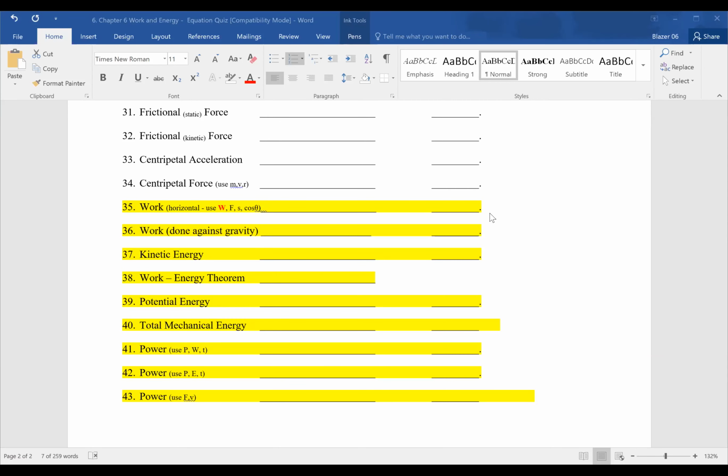You said you sent this equation quiz with the notes because I didn't get it. If you did. Okay, look again because it came a little later. First, I sent the lecture notes, and then right before class, I sent the equation quiz and the first part of the homework. Oh yeah, this is homework 6.1.